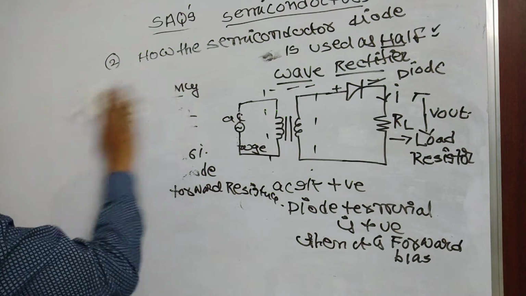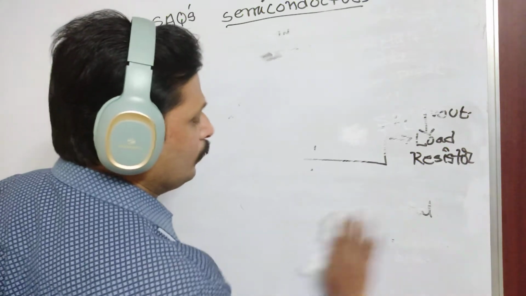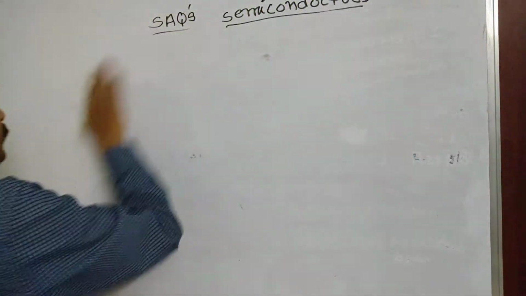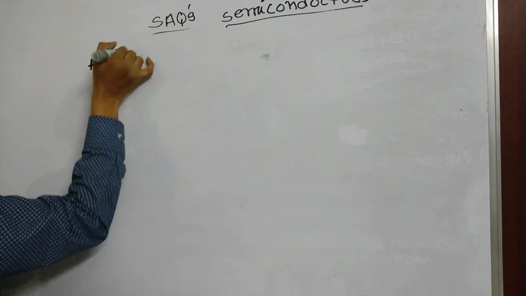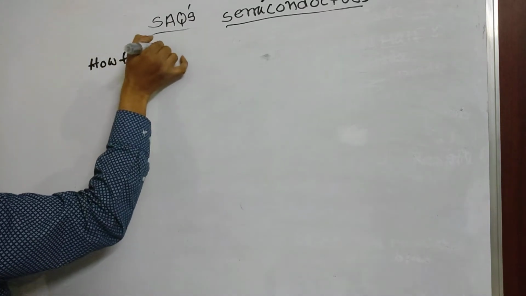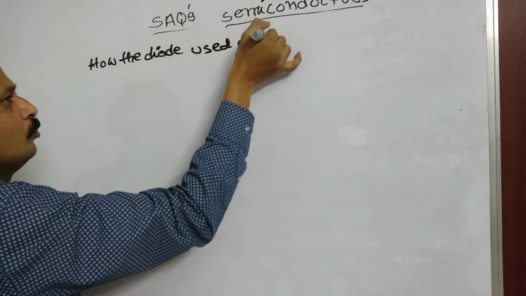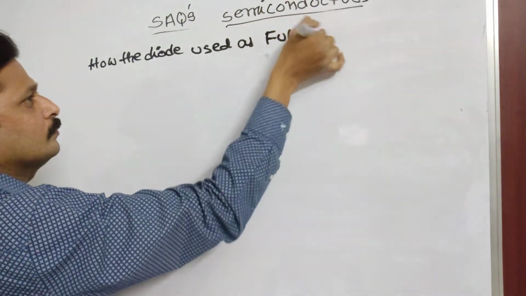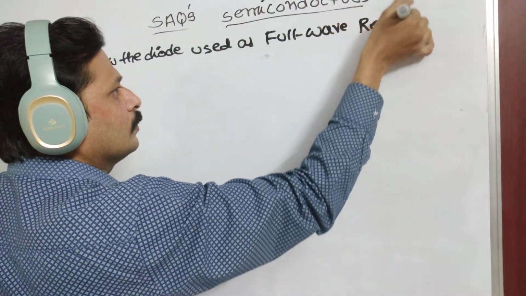Close it. Now we are extending this concept to another application of the diode, called the full wave rectifier. Next question: how is the diode used as a full wave rectifier?